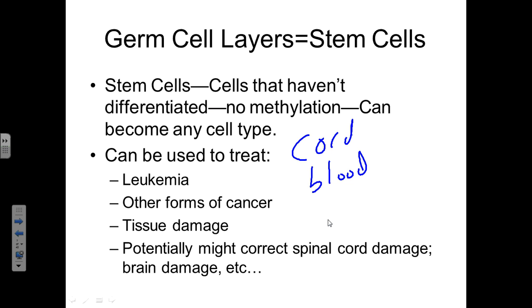There's been several cases where like a sibling or something has gotten leukemia, and this cord blood has been injected into the bone marrow, and it's corrected the issue. The stem cells have differentiated into normal bone marrow cells and fixed the problem, essentially. There's hopes that it can be used to treat other kinds of cancers and all kinds of tissue damage.